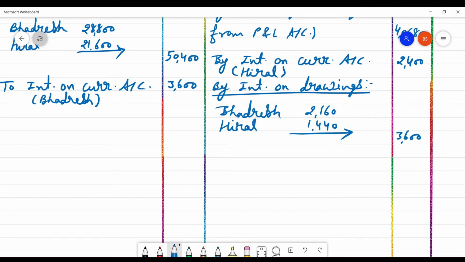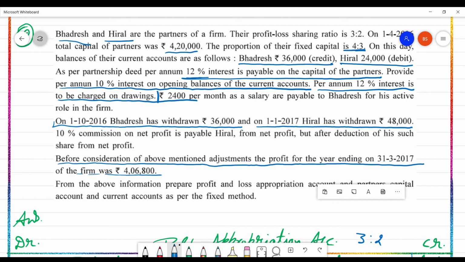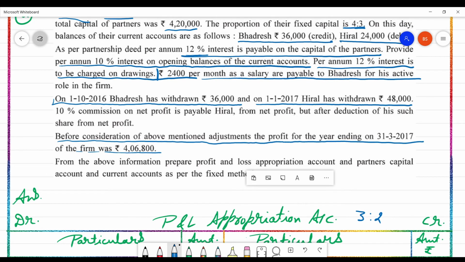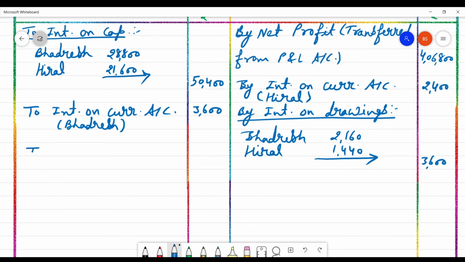After that, we will read the adjustments. 2,400 per month as a salary is payable to Bhadresh for his active role in the firm. So we will write it: P&L appropriation account, debit side, first entry to salary.